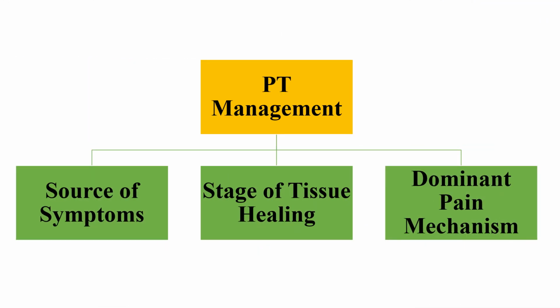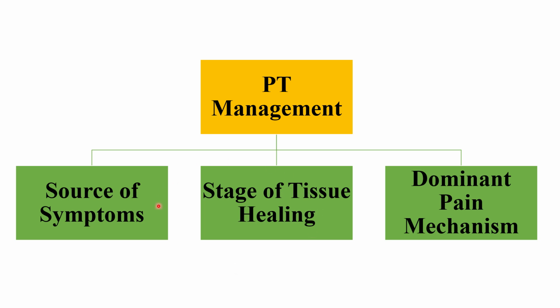Now, whenever we discuss PT management, I always remember my teachers during those days emphasizing these 3 points, which I always carry with me. First, when we decide the PT management, we should look at the source of symptoms which is causing the pain or the swelling. So you have to tackle the source.